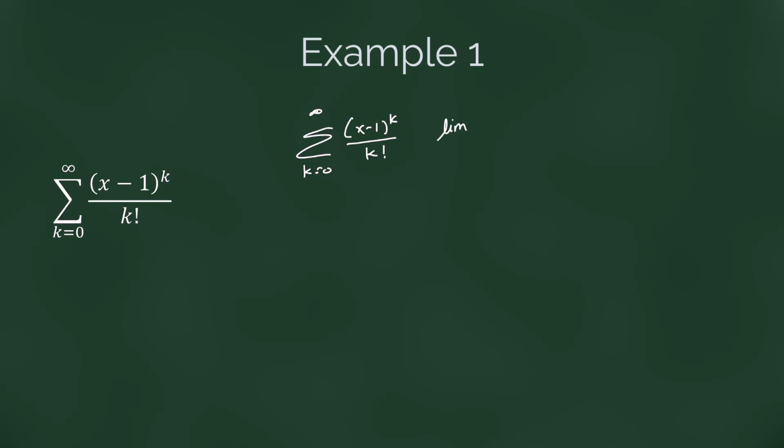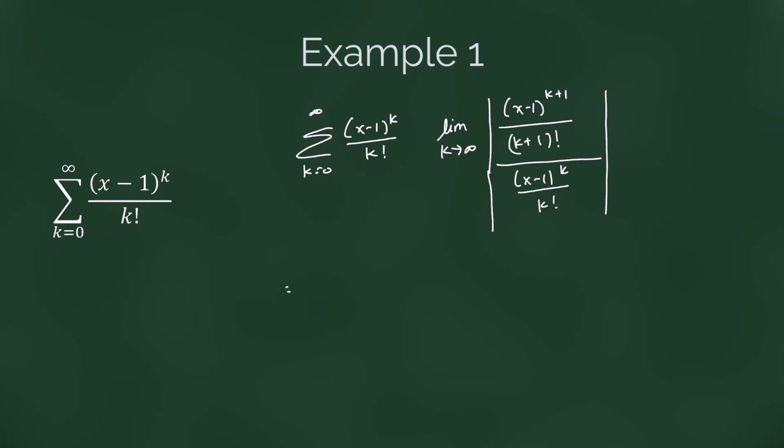So let's examine the limit as k goes to infinity of the absolute value of the k plus first term, which would be x minus 1 to the k plus 1, over k plus 1 factorial, divided by the kth term, which is x minus 1 to the k, over k factorial. We know that we can flip that denominator over to give us the limit as k goes to infinity of the absolute value of x minus 1 to the k plus 1 over k plus 1 factorial times k factorial over x minus 1 to the k.